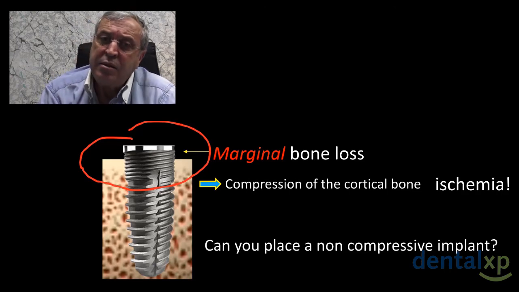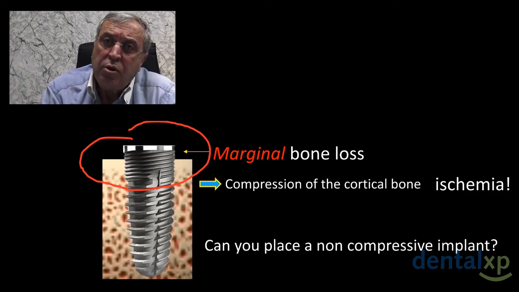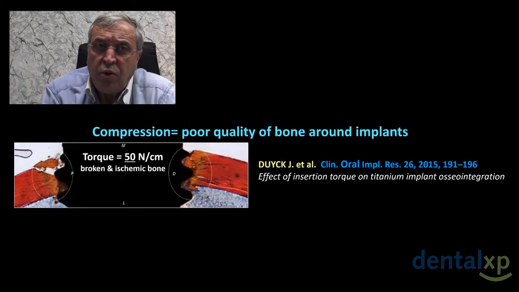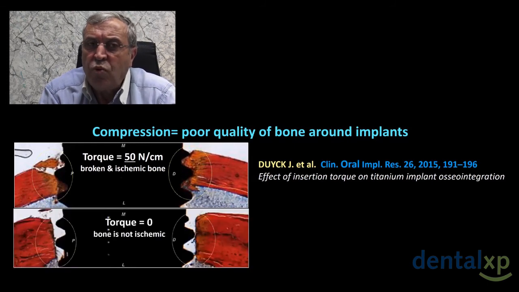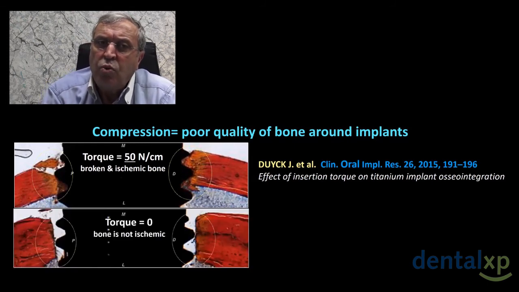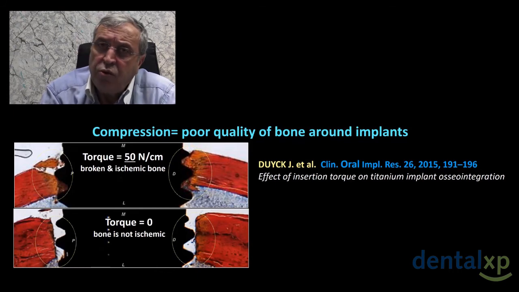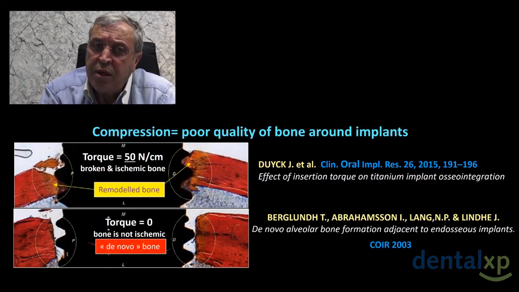But can we place an implant which is not compressive? Yes, we can. First understand that when we put high torque, we will have an ischemia around the implant of the bone. And if we do not apply the torque, we will have a good bone stability.